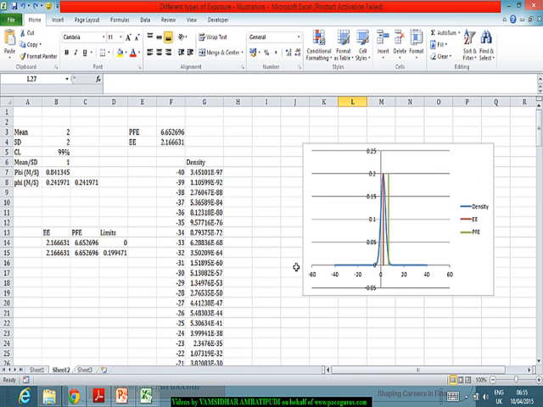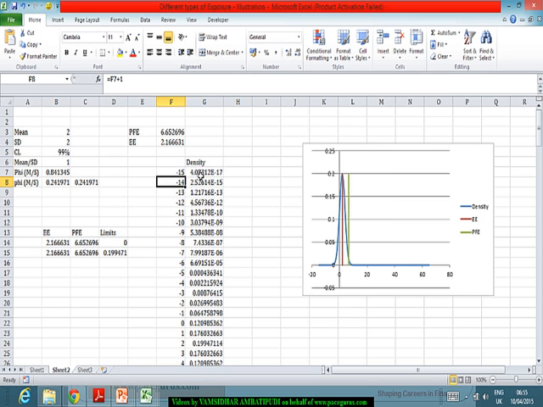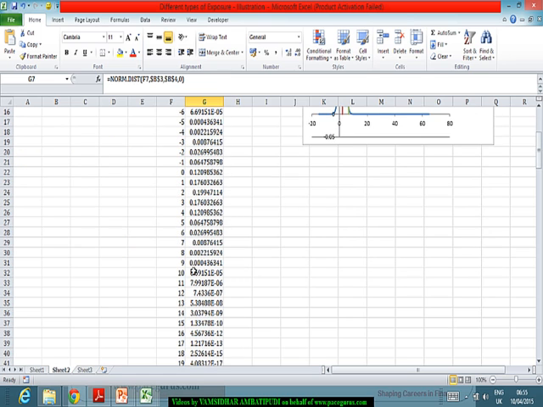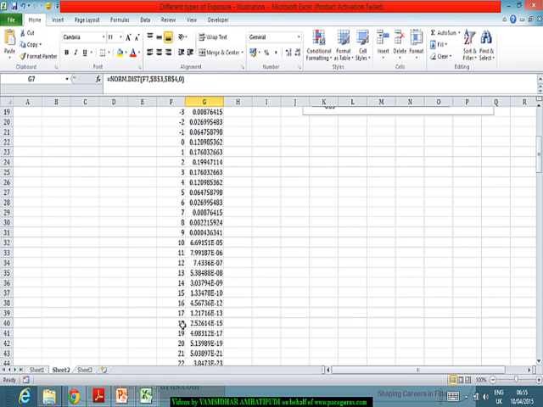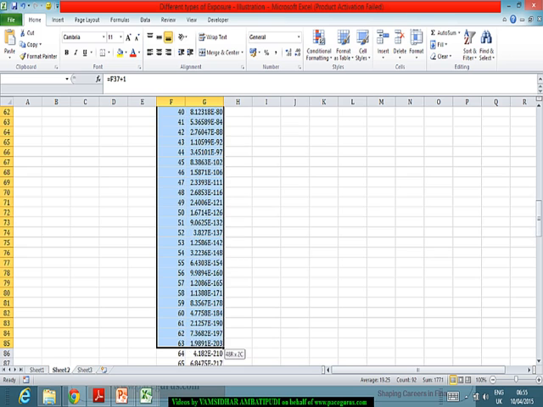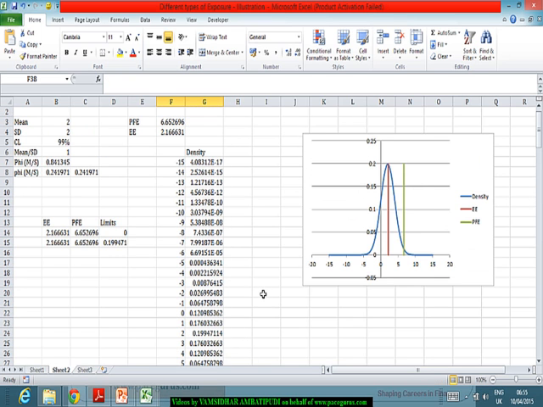Probably I could have done the plotting only from minus 15 to plus 15. Okay, let me keep only this minus 15 to plus 15, and take the rest all out to make the graph look much better. So now this graph is looking much better.